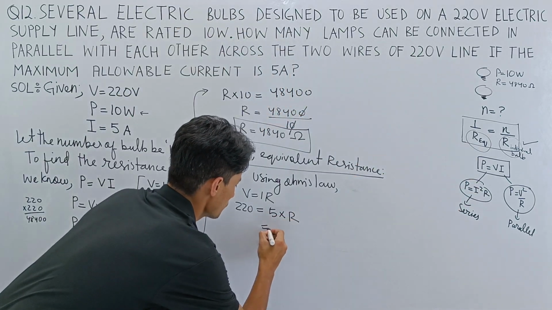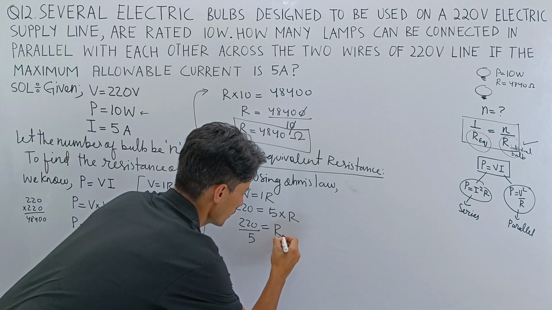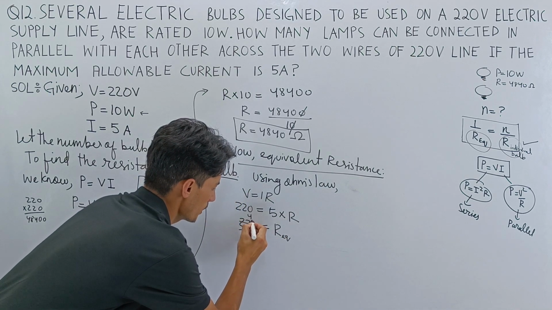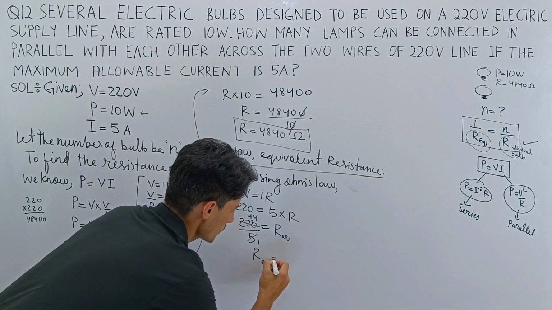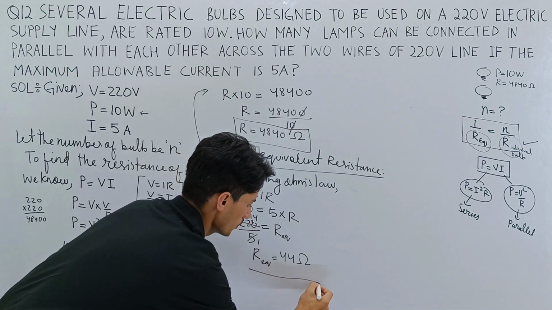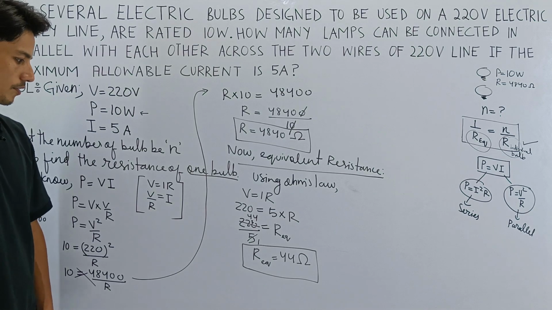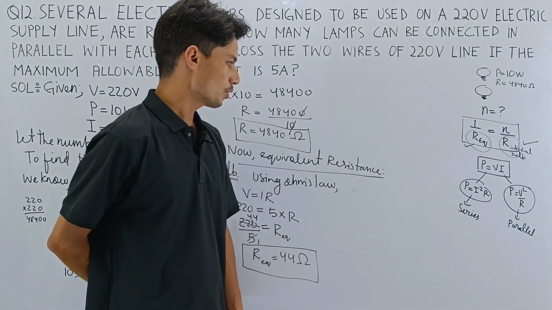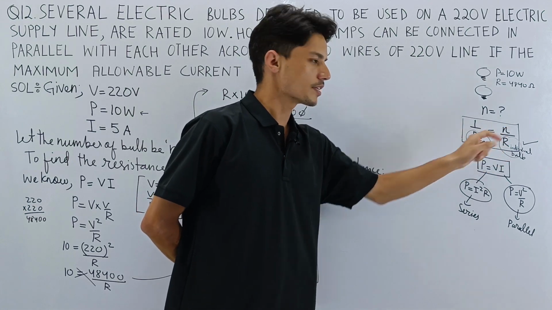So it will be 220 by 5. 5 ones are 5, 5 fours are 20, again 2, 5 fours are 20. So our equivalent resistance is 44 ohm. So we have found the equivalent resistance also. Now we are ready to substitute these values here.